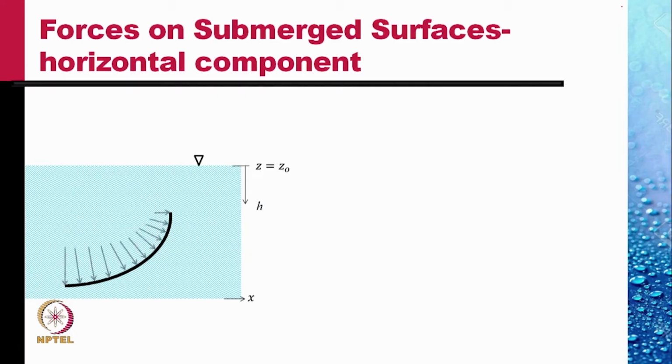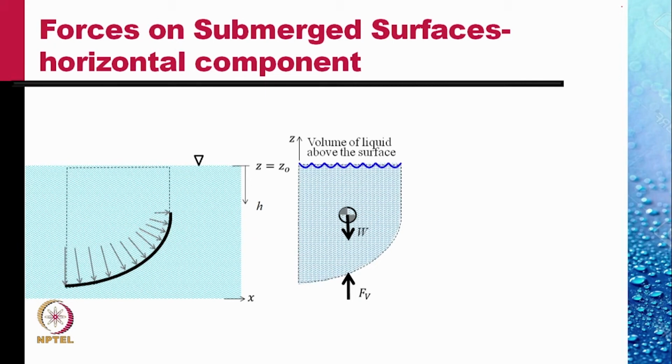The pressure distribution on the upper plate would be as shown, the pressure acting normal to the plate everywhere and increasing with depth. Let us consider the volume of the liquid above the plate. Let's isolate this as a free body.